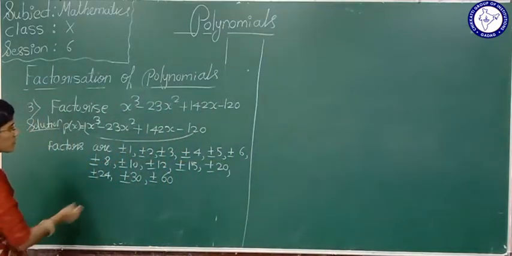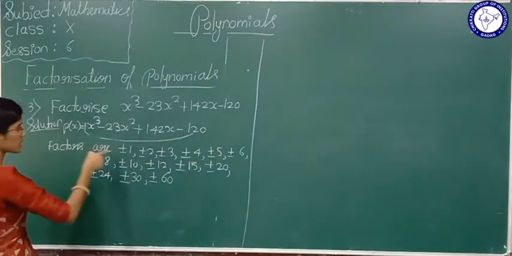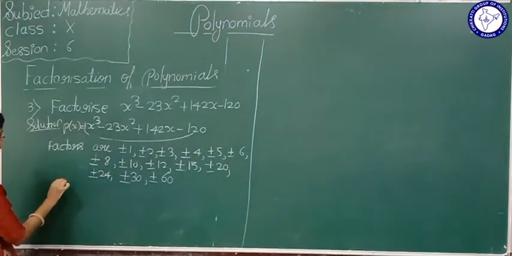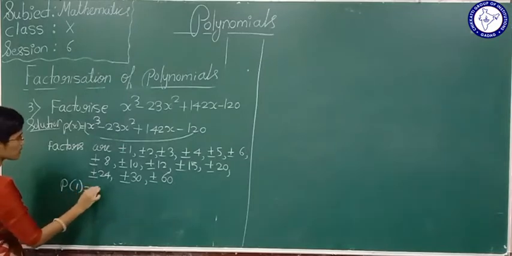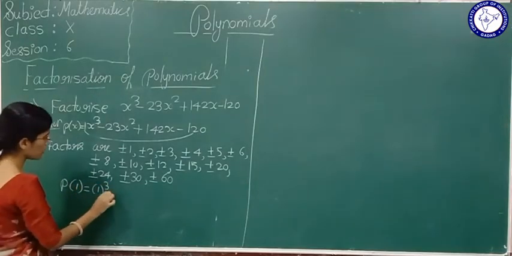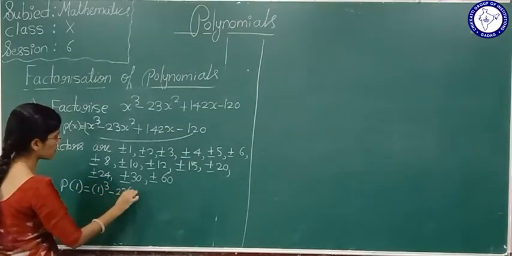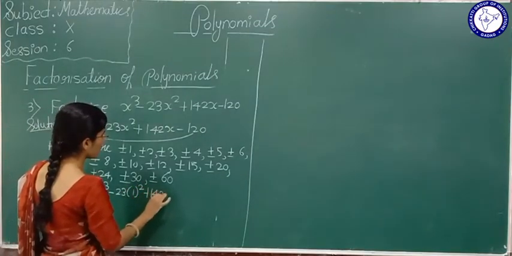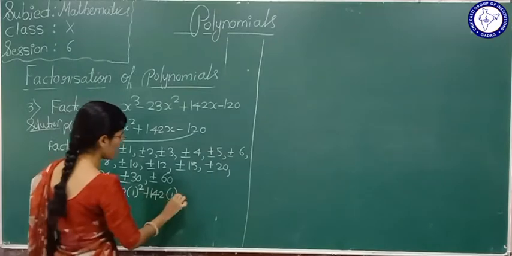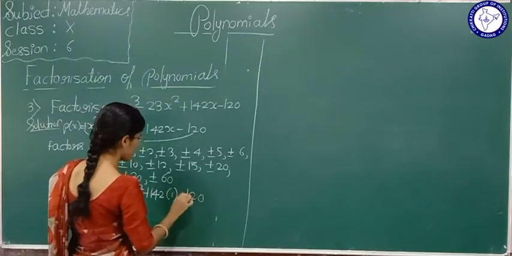See how we will find that. Now see students, first we will find out one factor. Go on putting the values here. First I will put p of 1. P of 1 will be 1 cube minus 23 of 1 square plus 142 of 1 minus 120.